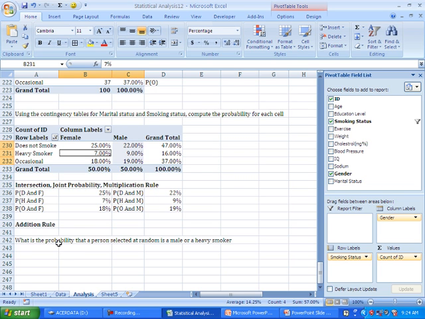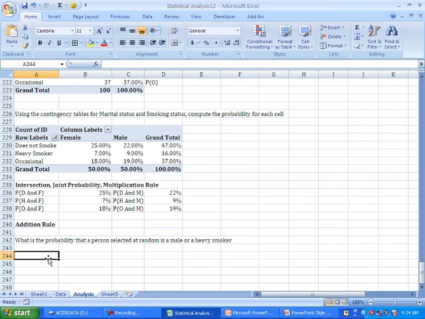So in this case, I may have to write it as probability of male or heavy smoker. This kind of thing always comes out with the formula: probability of male plus probability of a heavy smoker minus the probability of male and heavy smoker.